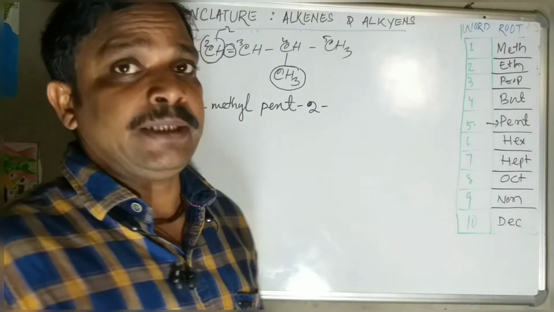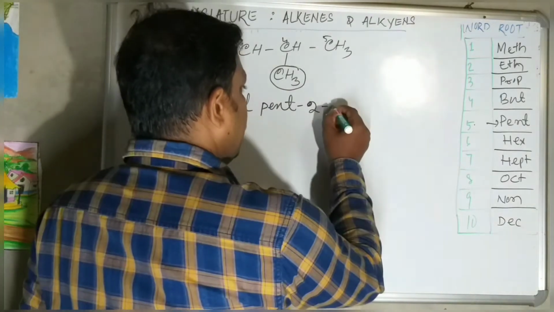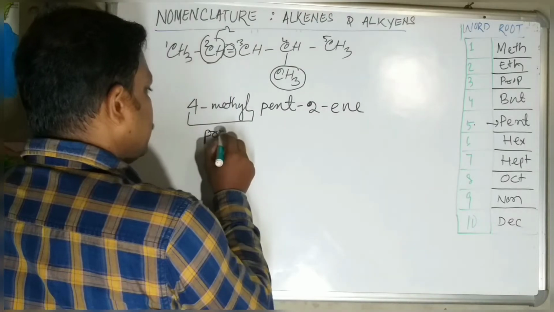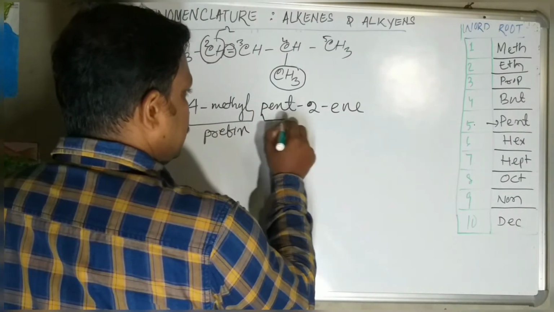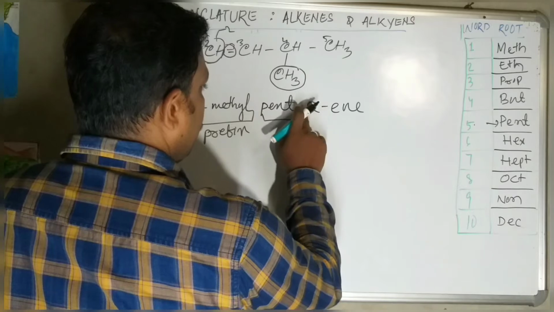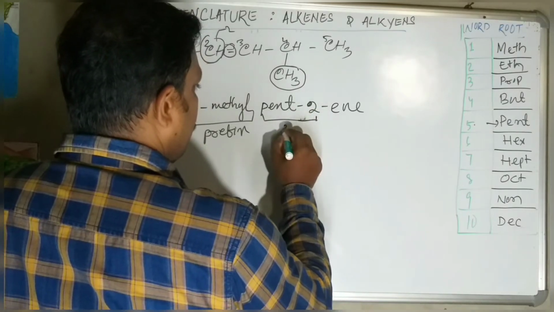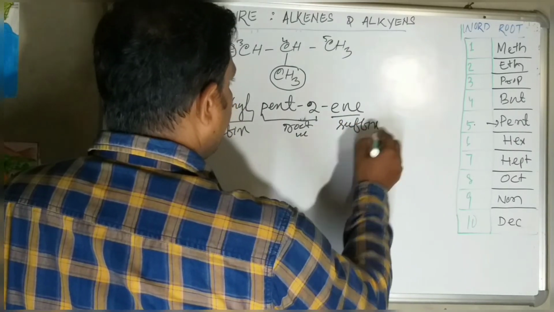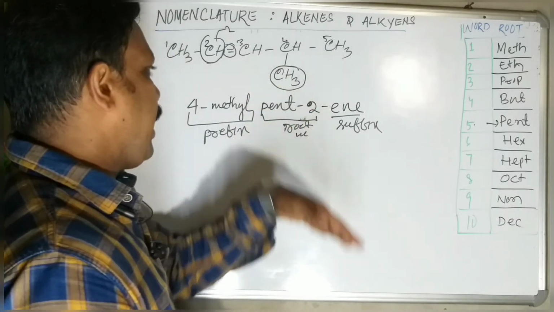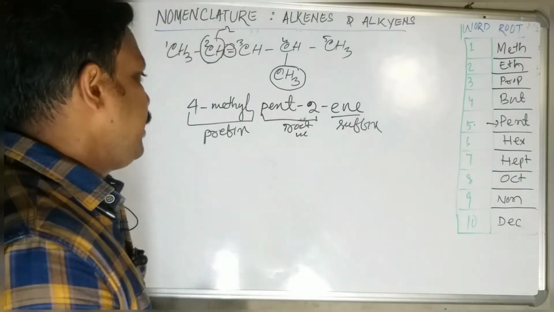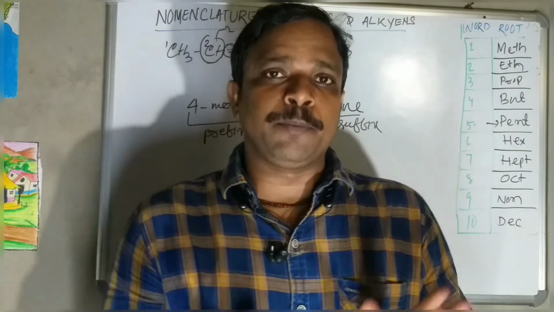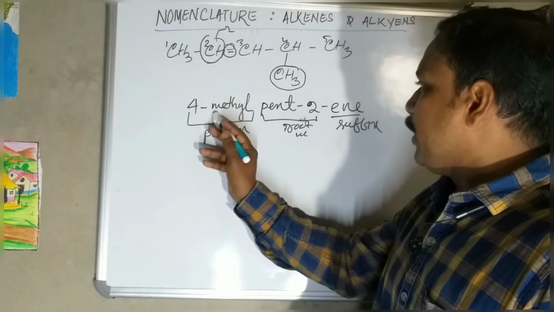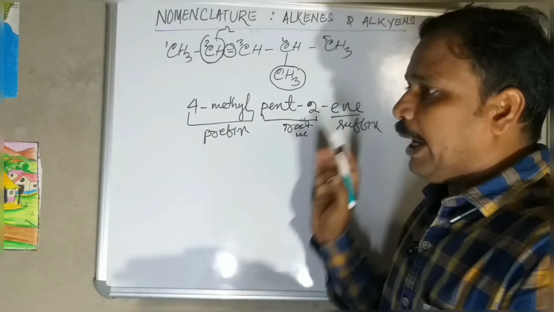If it is a double bond, that is alkene, so the suffix is ene. Here is the prefix, this is the root word and this is the suffix. So first we have to write the substituent and its position, that is the prefix, after that the root word, after that the suffix. So the IUPAC name of this carbon compound is 4-methyl pent 2 ene.